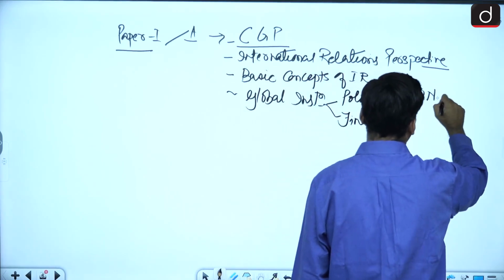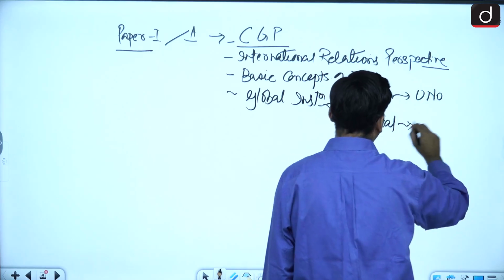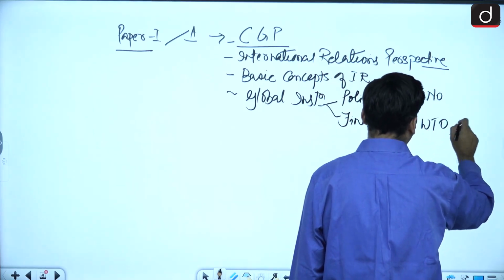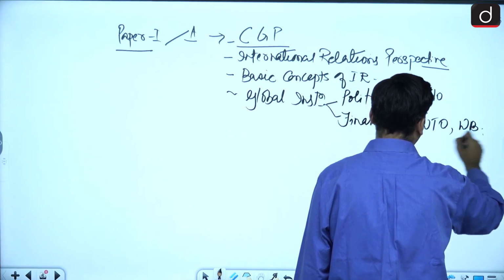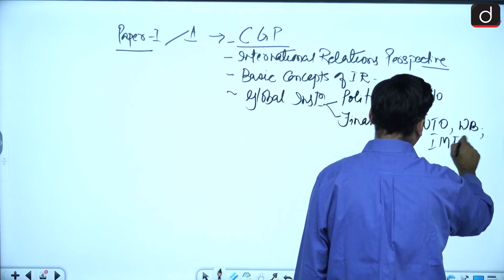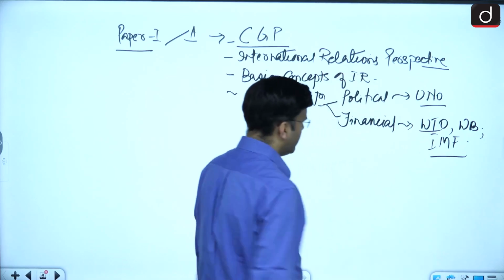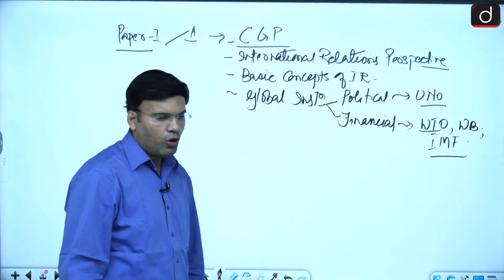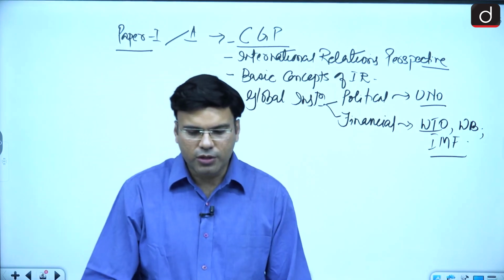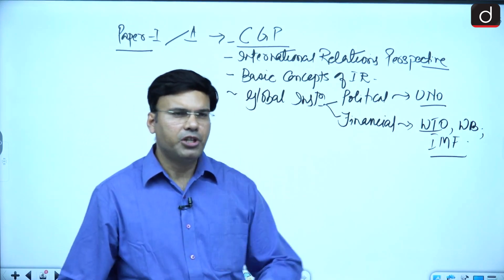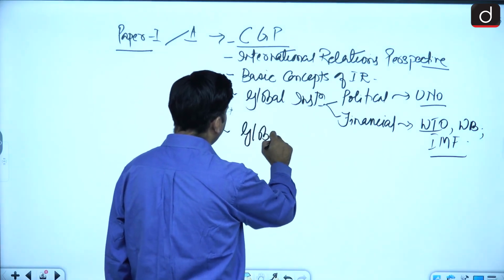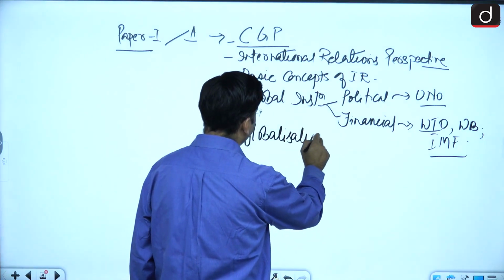So we will be reading UNO here, then we'll be reading the Bretton Woods institutions like the WTO or the World Bank or the IMF. Their working, their analysis. And once we have done this part, then there is also a little bit of focus on a very pertinent issue that a student of politics should always know, that is about globalization.